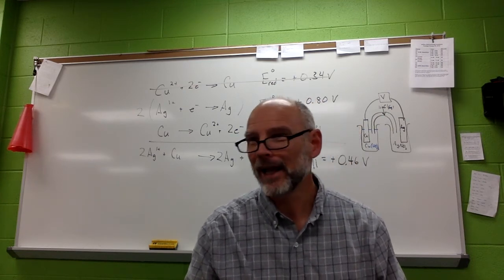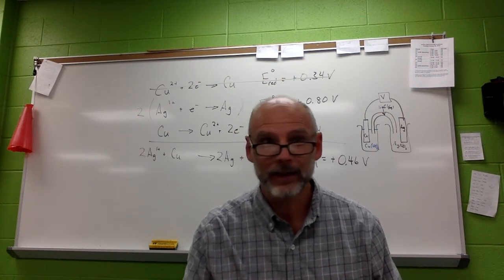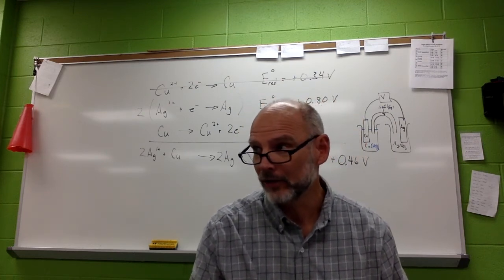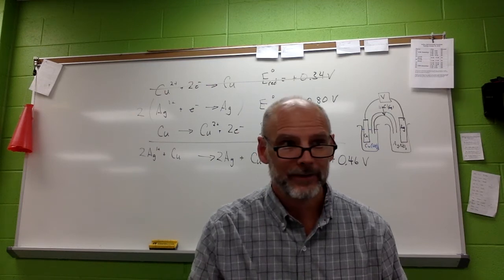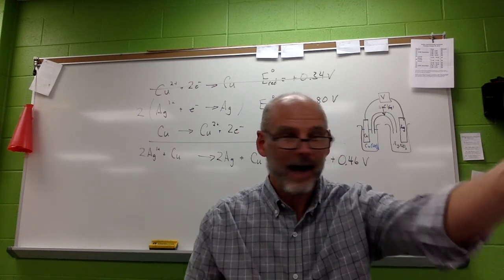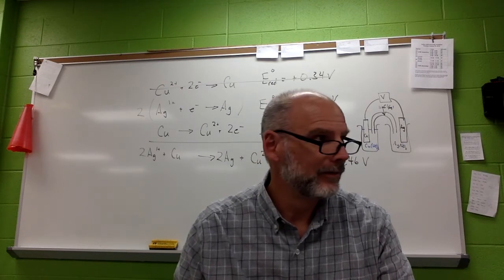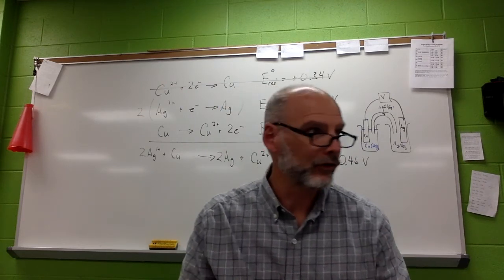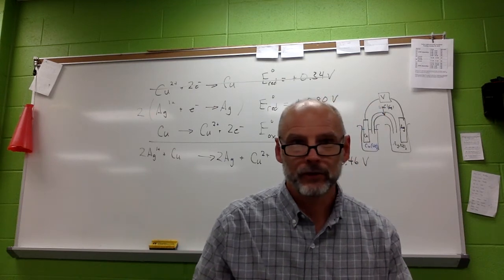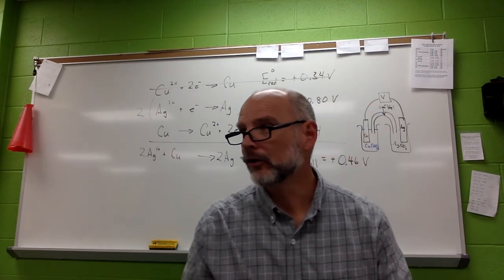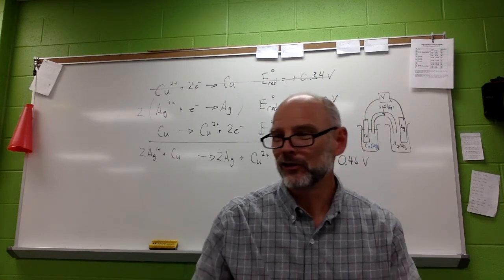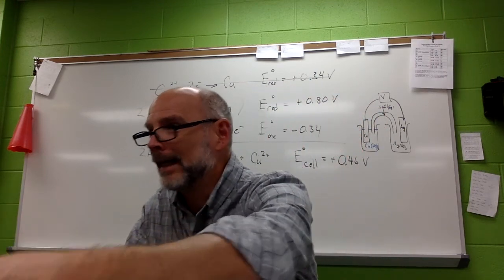Also, can you think of anything else really, really common that might be an oxidizing agent? Oxygen. That's actually where the whole concept, the whole phrase came from, is oxygen. What does iron do? Oxidizes, rusts. What does zinc do? I mean, we already see it a little bit. Magnesium.